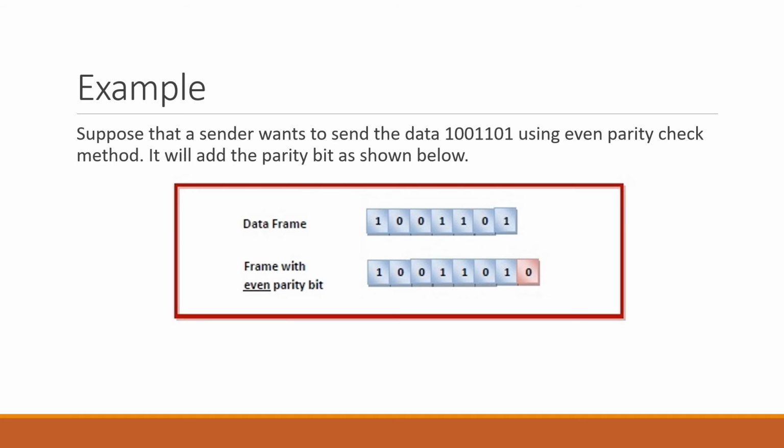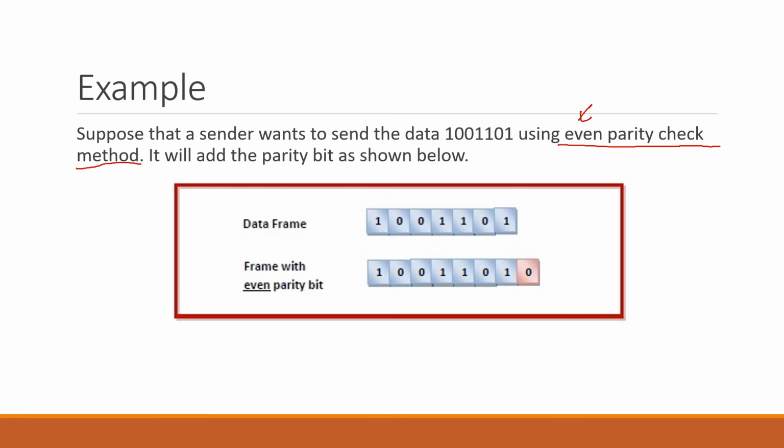Suppose that a sender wants to send the data 1001101 using the even parity check method. In the question, it will mention which parity checker you need to use, either even or odd. It will add the parity bit as shown below. This is the original data that needs to be transferred, 1001101.